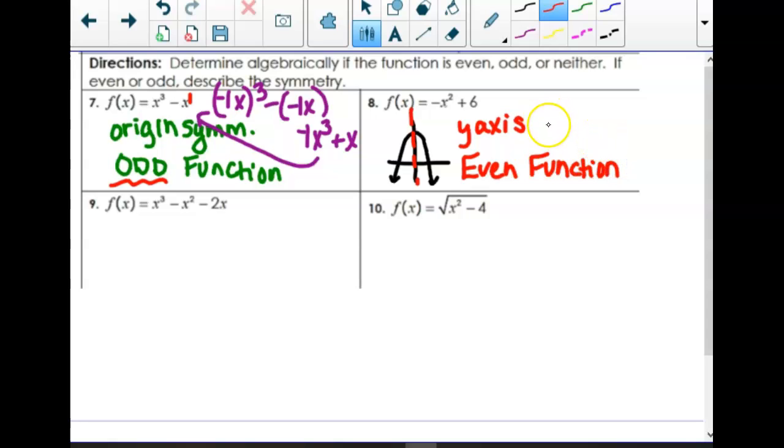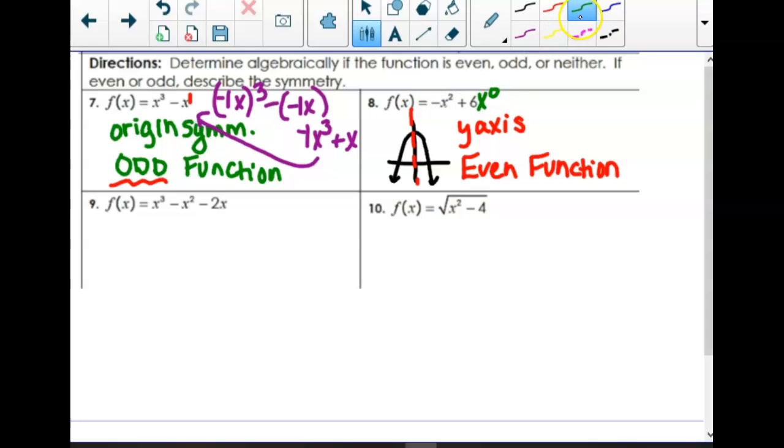Okay, if it is an even function, what are the exponent powers here? How many x's are on this 6? 0. Does everybody understand that? Anything to the 0 power is 1, so x to the 0 power is 0 an even number? It is. Okay, 0, these are even exponent powers.